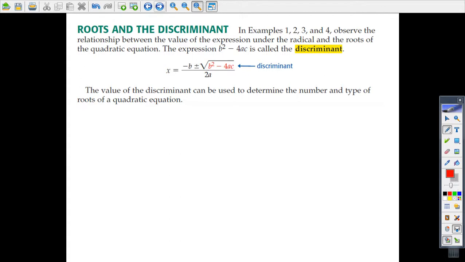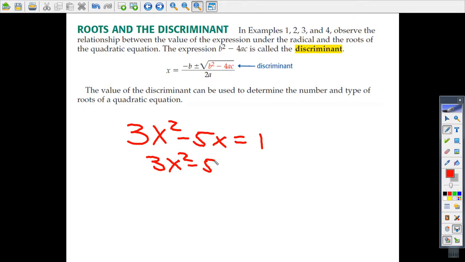So if I give you some kind of an equation like 3x squared minus 5x equals 1, and I ask you not to find the roots, but to tell me what kinds of roots there are, you don't have to use the entire quadratic formula. You can just use the b squared minus 4ac part. You would subtract the 1 still, right? Get it into standard form.